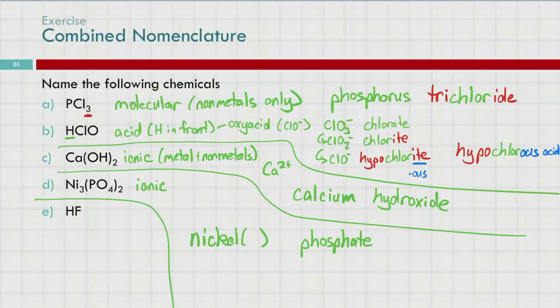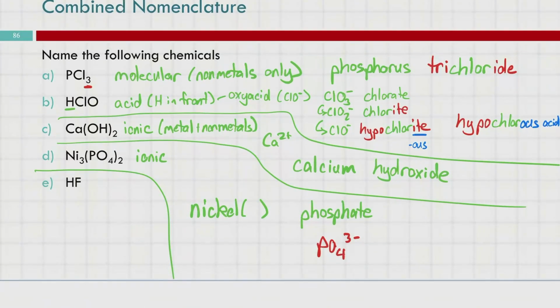So this is going to be nickel something phosphate. Phosphate is PO4 3-. How many PO4 3- do we have? We've got 2 of them, right? So our total charge from our phosphates is 6-.